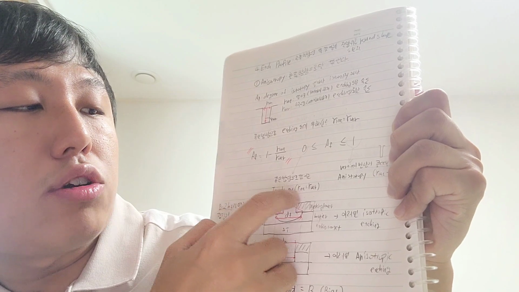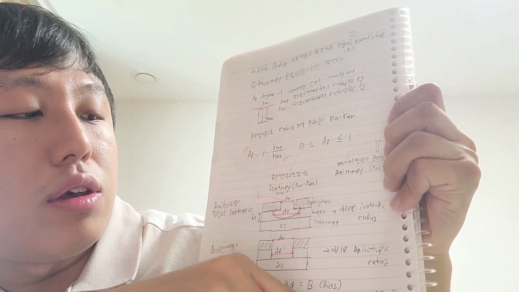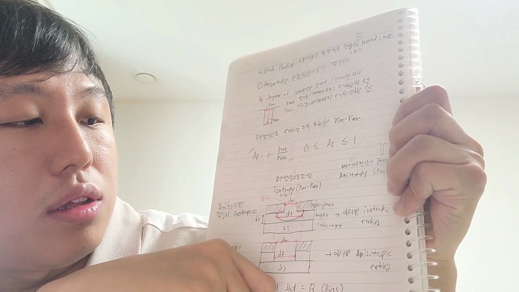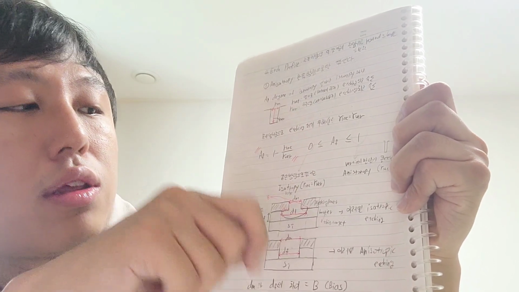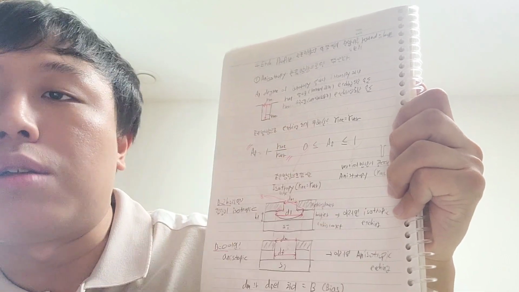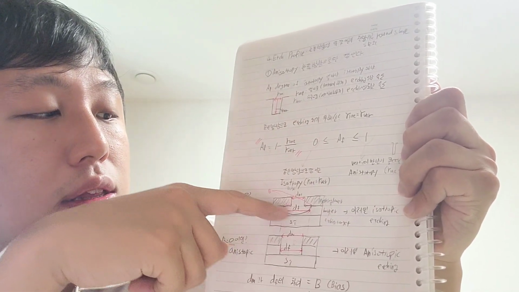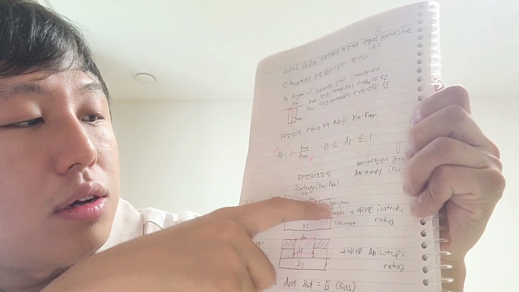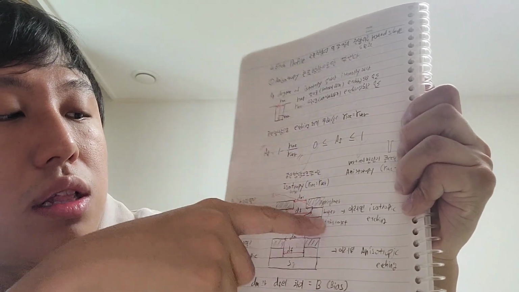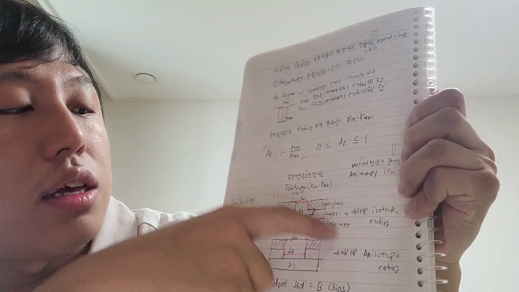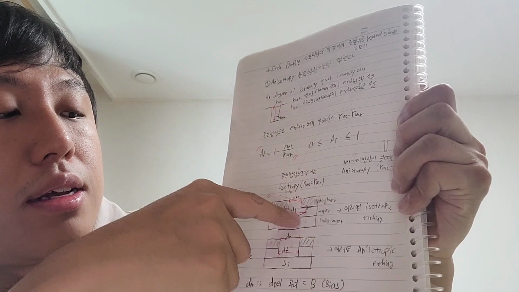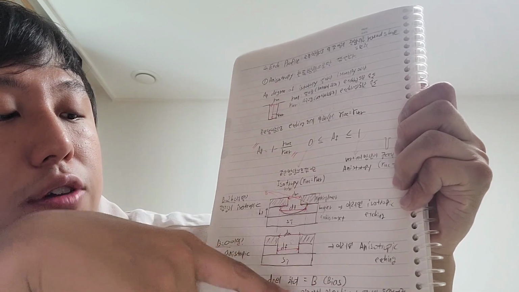And in isotropy we can say RAT and RVR are the same. This is the masking layer, this is the barrier, and this is silicon. This barrier is the etching target, and this we call DM, and this we call DF.